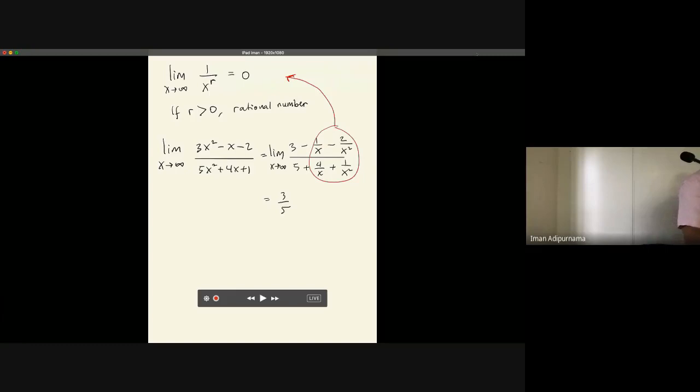And for 1 over x to any polynomial power, it becomes 0 if the power is a rational number and positive.